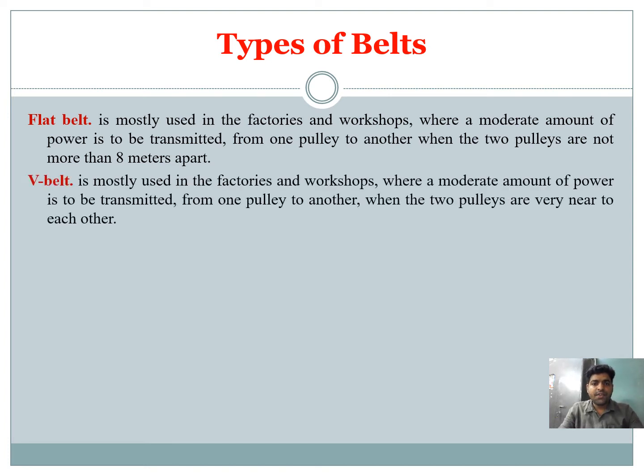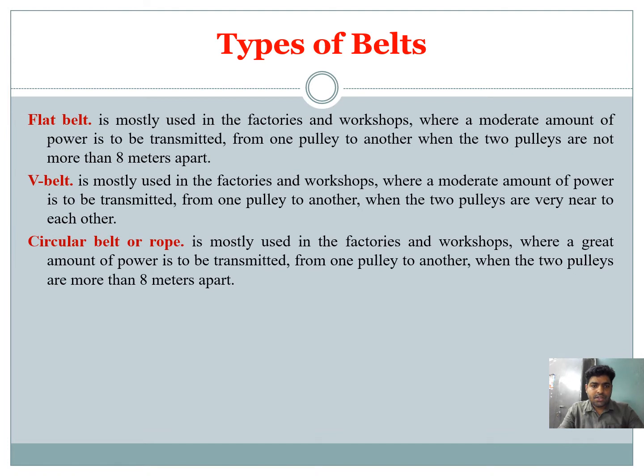Next one is V belts. These belts are basically used in factories and workshops where a moderate amount of power is to be transmitted. And the two pulleys where the V belt is used are very close to each other. Next one is circular belt or rope belt.